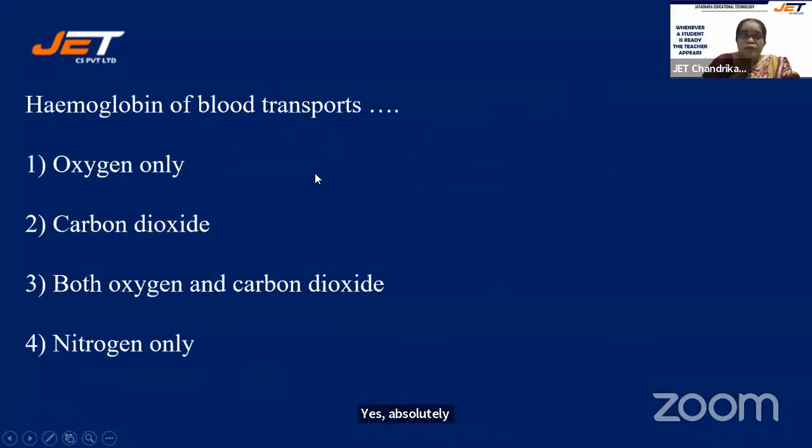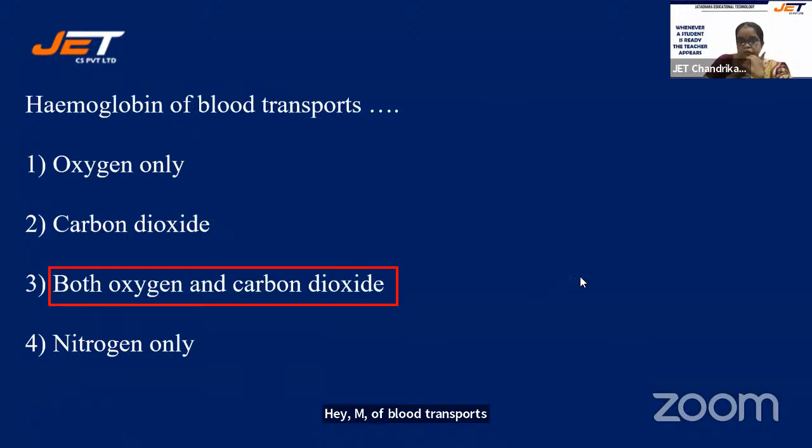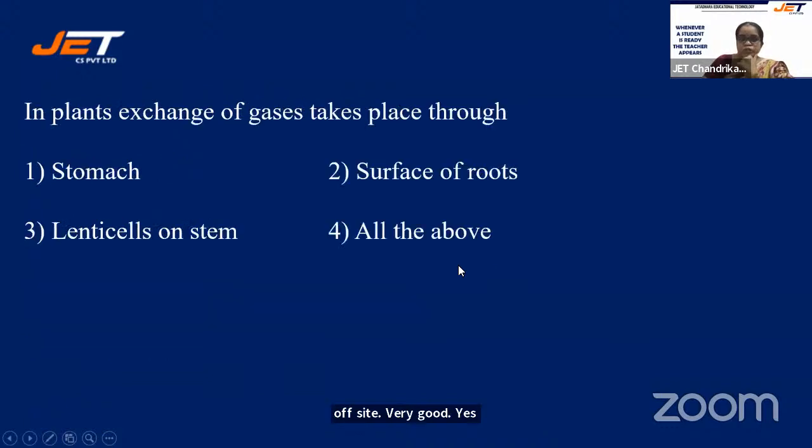Next, hemoglobin of blood transports oxygen only, carbon dioxide, both oxygen and carbon dioxide, or nitrogen only. Yes, it is option 3, both oxygen and carbon dioxide. Very good. Ruchita, Sai Vardhan. Let us move to the next one.